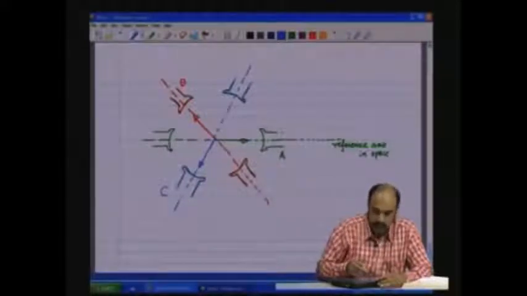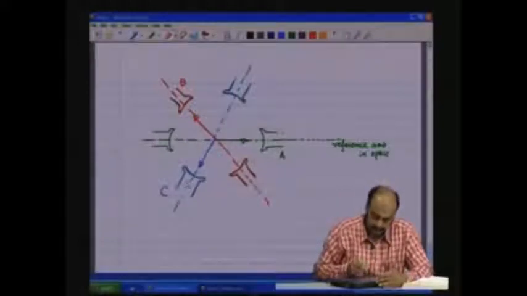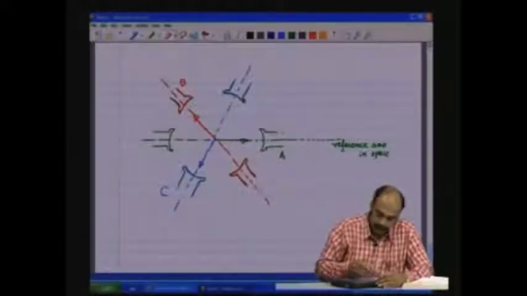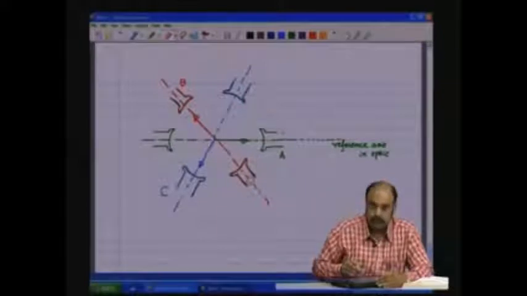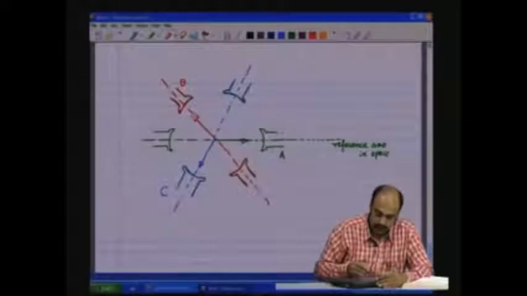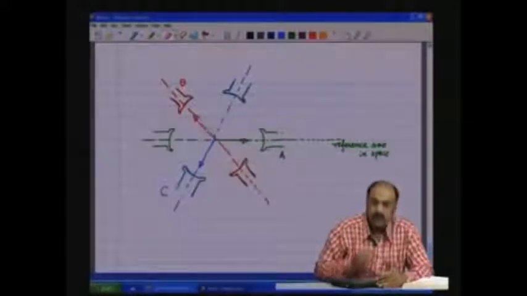The C pole axis is going to cause a field only along this axis, and the amplitudes here can be varied depending upon the currents that are going to be passed through the C coil, and the B pole axis will have the field only in this direction, and the currents through the B poles are going to modulate the amplitudes of the flux here.